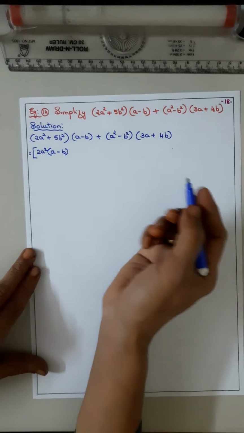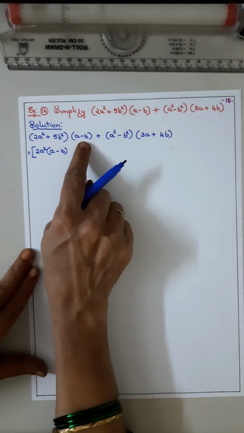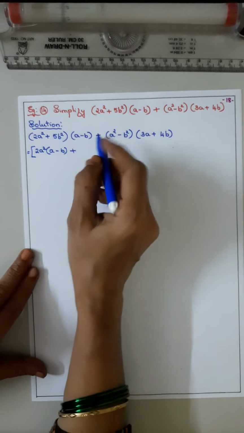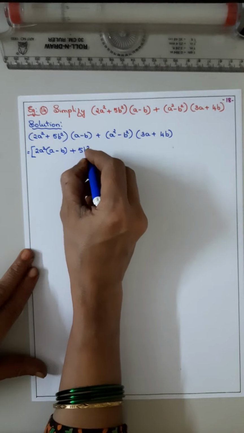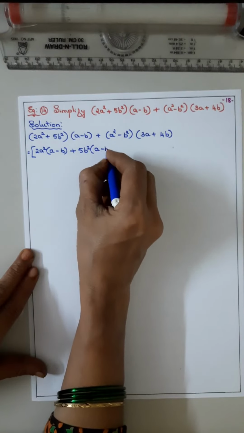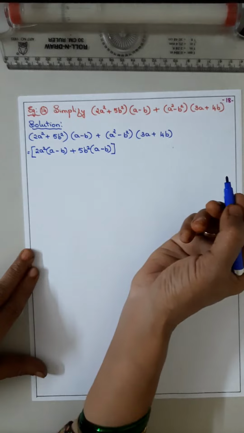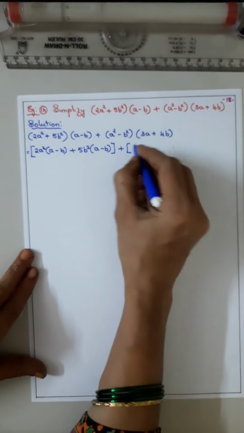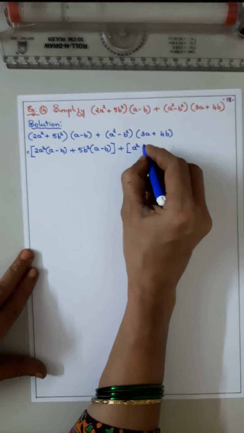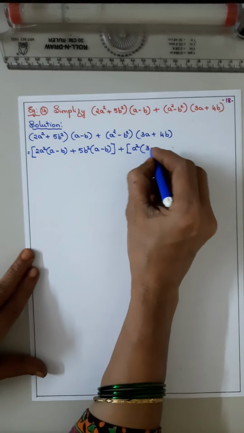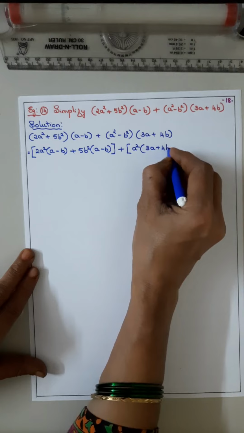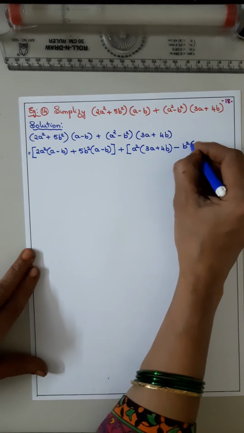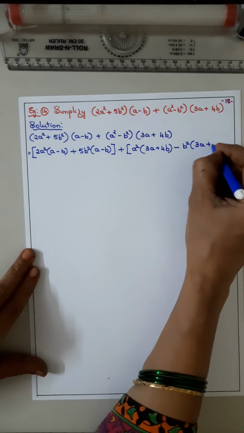Are you understanding, all of you? 2a squared bracket a minus b plus the second one, 5b squared bracket open a minus b. Now put the bracket, and now plus, here first one is a squared bracket open 3a plus 4b. Now here it is minus b squared bracket open 3a plus 4b.